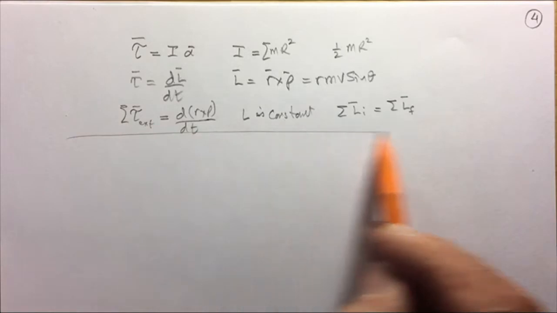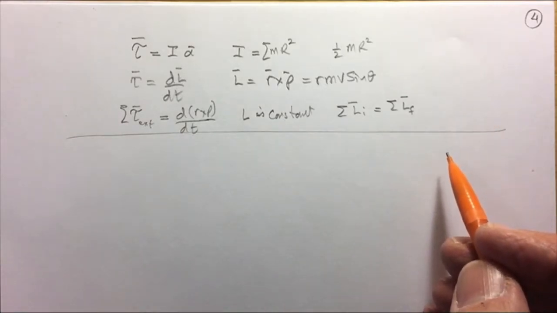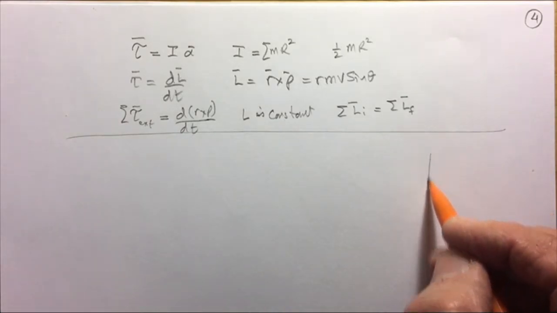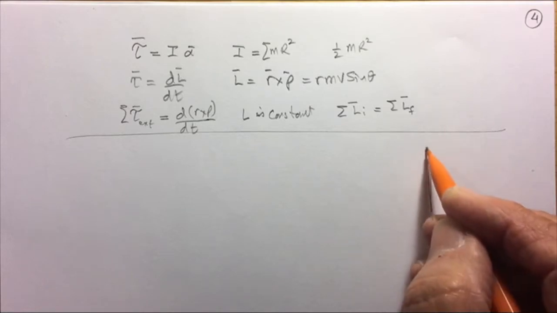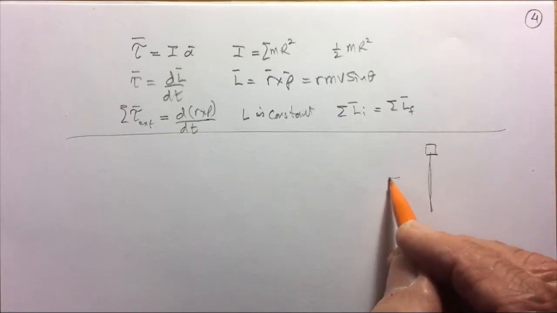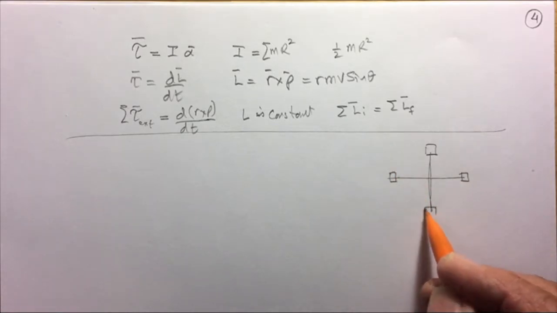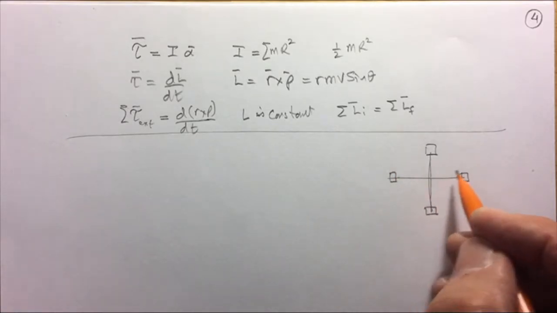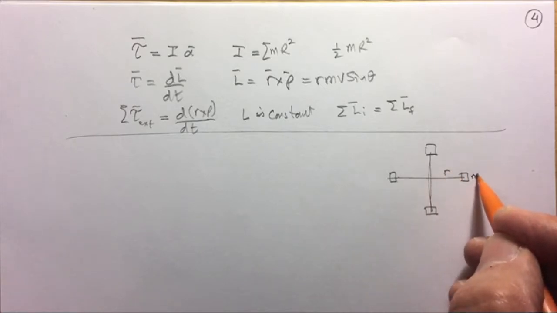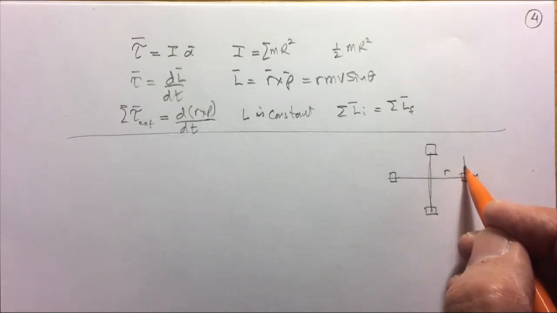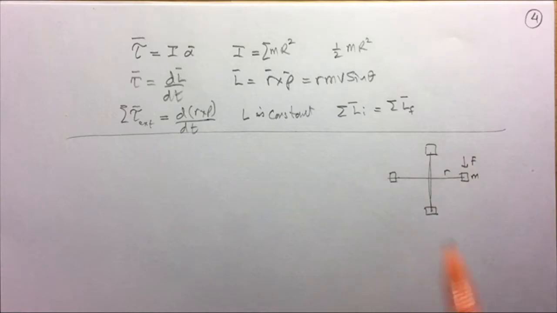Now the first problem we solve is, let's say we have a thing that we've been looking at for a while, a stick with a cross with 4 masses. Each of the masses is equal, with R and M, and we have a force acting over here, and we'll find the angular acceleration.